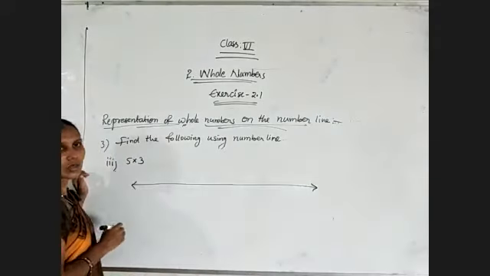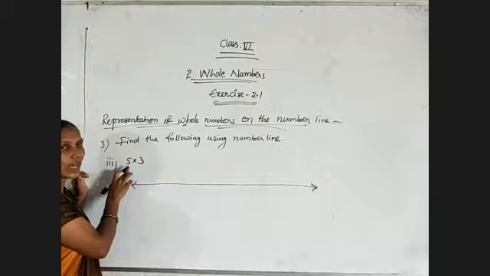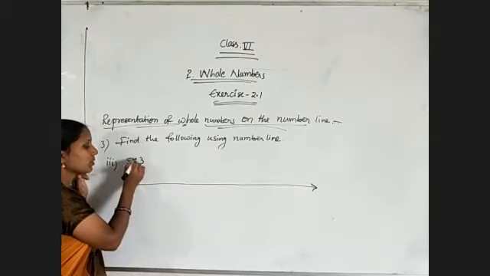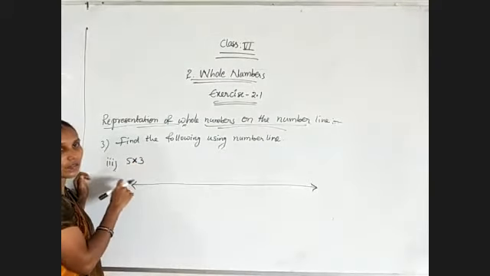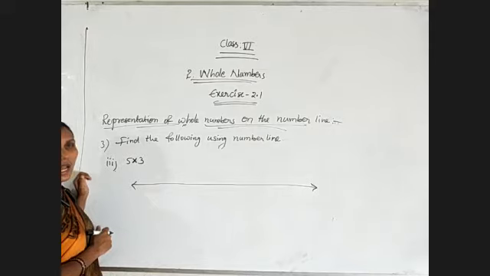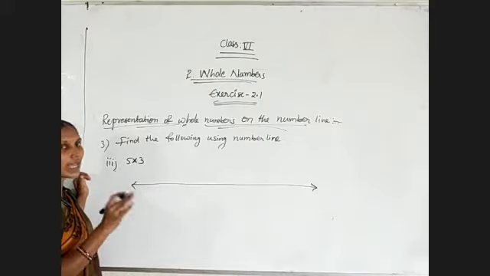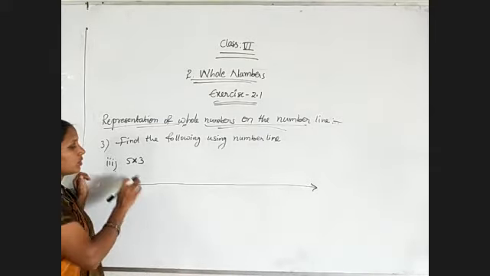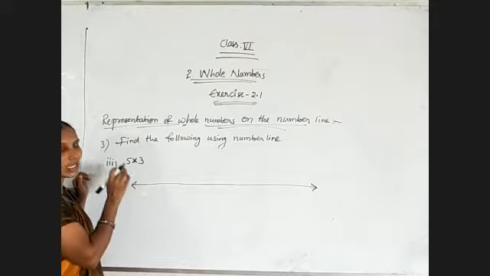5, 3. So as I told you, what is the first number? 5 into 3. Whenever into is there, we need to follow the skip count. And I told you yesterday, already I have explained yesterday. So once again, I am explaining clearly.